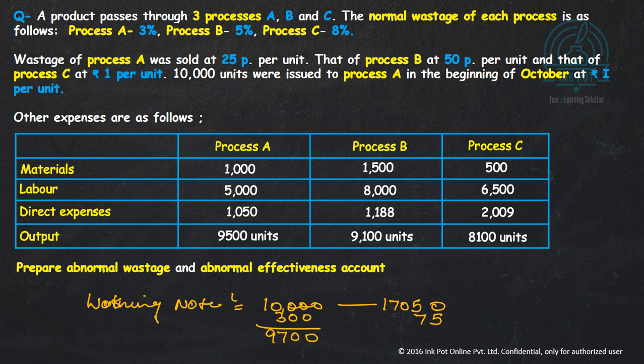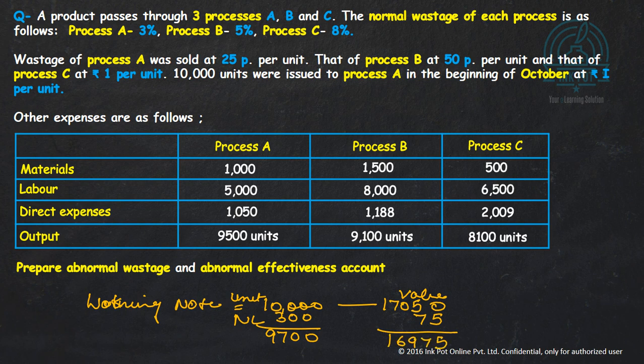So these are units, this is the value. What you have to do is deduct the normal loss units from the input units, and the value of normal loss from the total cost. So you'll get the value of these units. So 9700 units value: 17050 minus 75 will give you 16975, right?